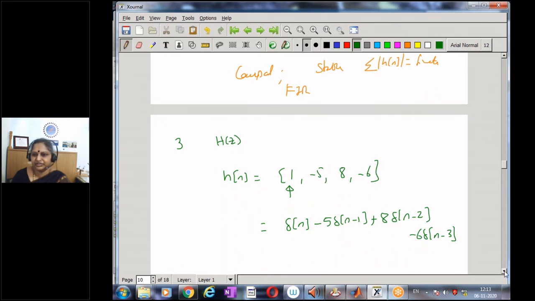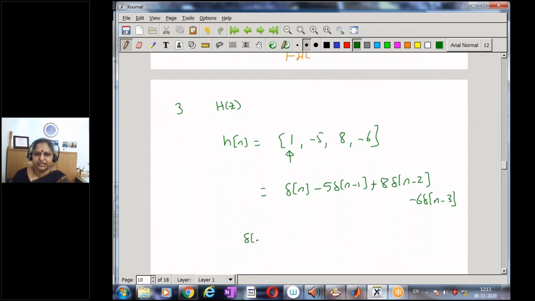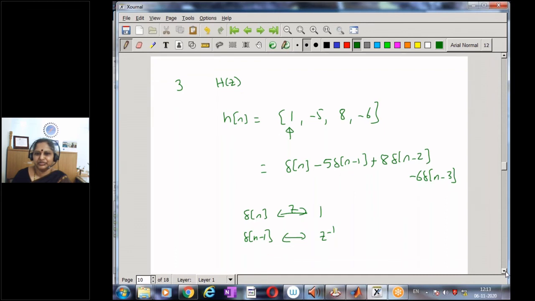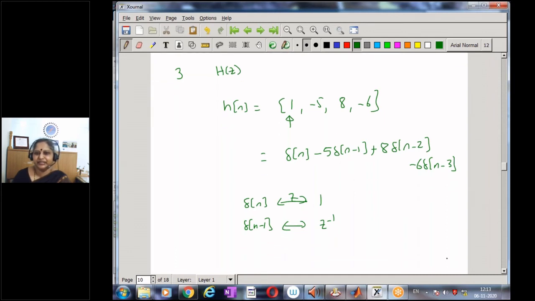We know the Z transform of delta[n] is 1, and by the time shift property, delta[n-1] has a Z transform z^-1. By linearity, we get 1 - 5 z^-1 + 8 z^-2 - 6 z^-3.